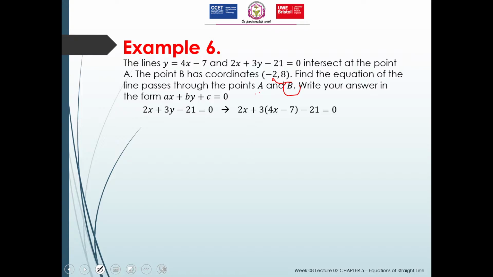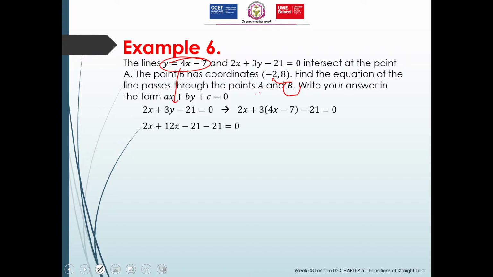Now for the second line, 2x plus 3y minus 21 equals 0, this gives us 2x plus 3 times (4x minus 7) minus 21 equals 0. We are solving for the coordinates, so we are looking for the values of x and y at A. Since y is equal to 4x minus 7, I just substitute it here. So we get 2x plus 3 times (4x minus 7) minus 21.